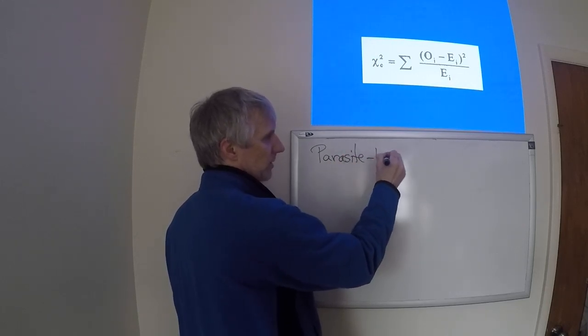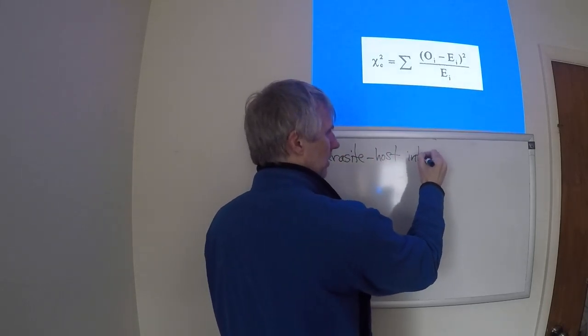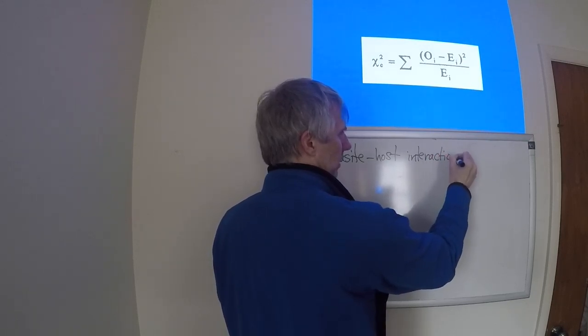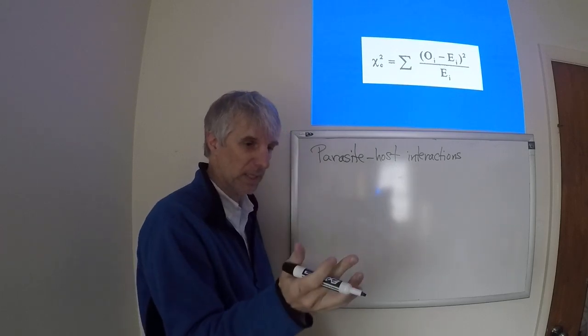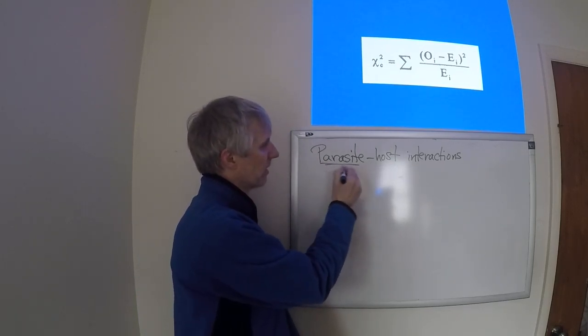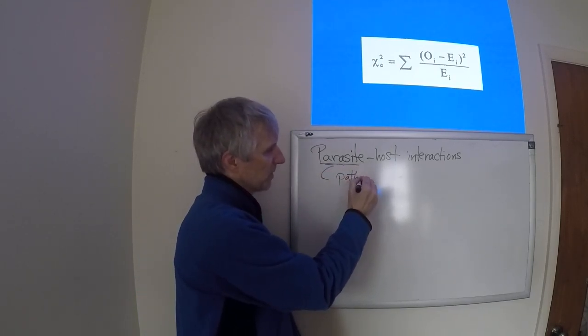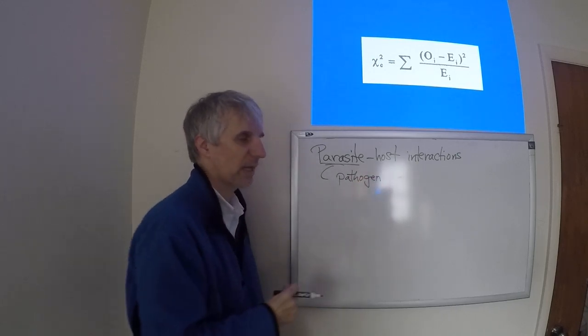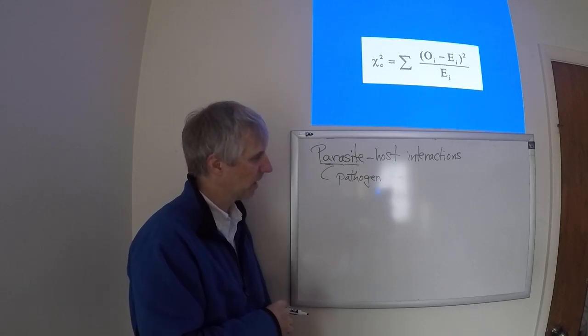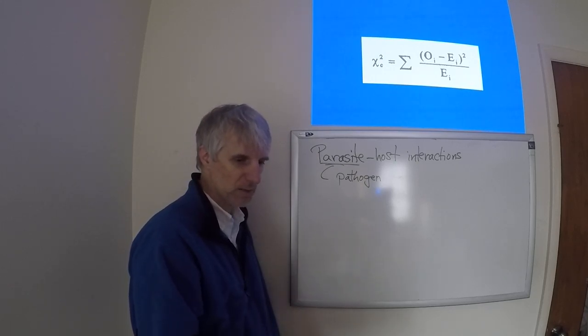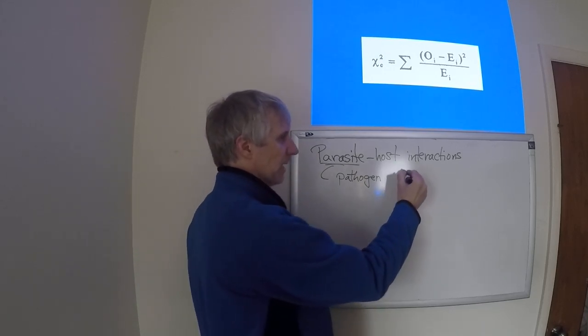Okay? All right, now, this idea of dispersion also comes into play when we talk about parasite-host interactions. Let's take a particular pathogen, a particular type of parasite. Let's make it an intracellular parasite, a little pathogen, and let's make it one that causes a particular disease in plants.